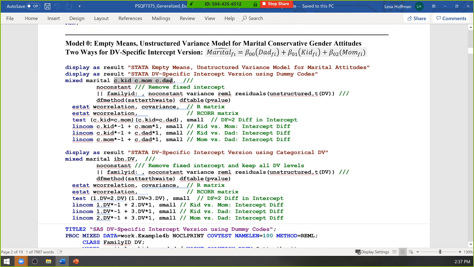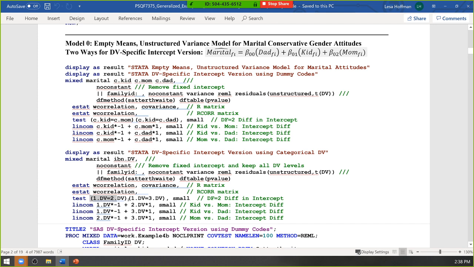So here's my 3 intercepts. Take out the constant. Here is the exact same thing using DV as categorical instead. So my 3 dummy code variables that I created are being replaced with the internal variables that Stata created for me by invoking this i.dot command.